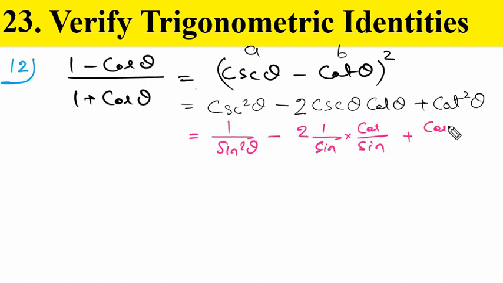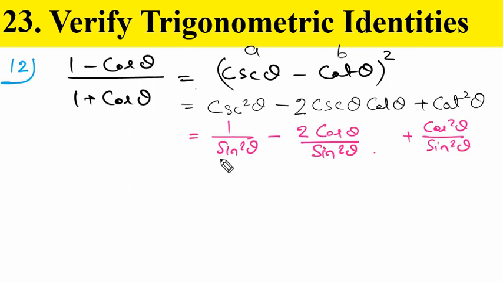Similarly here, cos square theta over sine square theta, right? Now I can simplify this one. This will be 2 cos theta over sine multiply sine square theta. So I will not write one new step, I will just change it from here. You can write it step by step in the exam, but I have limited space here, so I will just write it here.